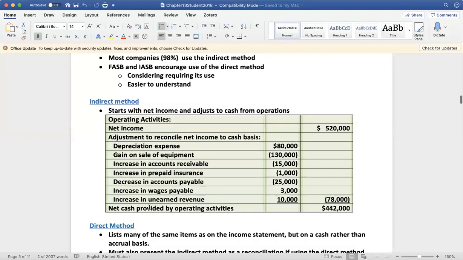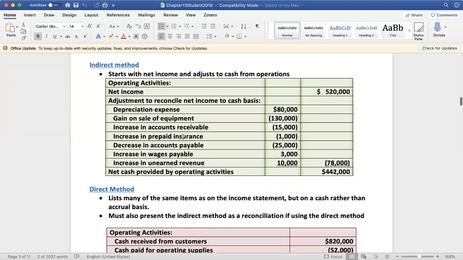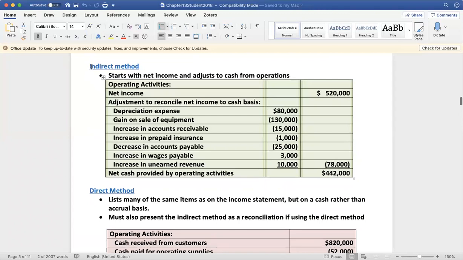As a reminder, for the indirect method, usually we start with net income, and then we have all these adjustments.